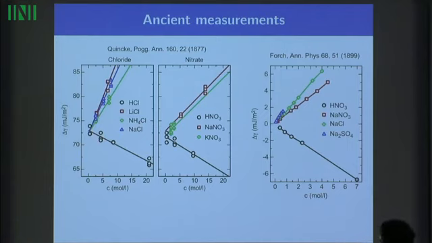Okay, but there's one type of salt, the acids, which behave very differently. For the acids, the surface tension actually goes down, which means that these acids adsorb at the interface, and this has been rather controversial for the entire past century, and it's quite funny to read.